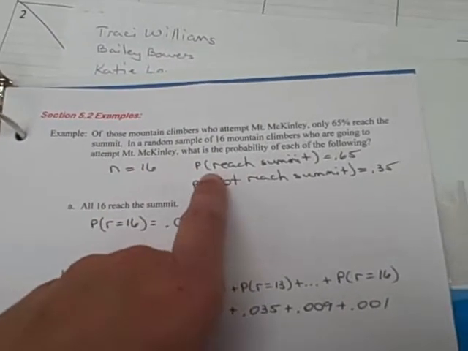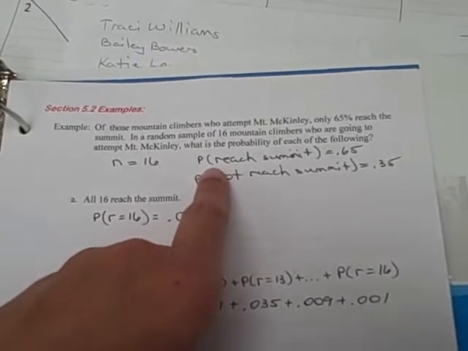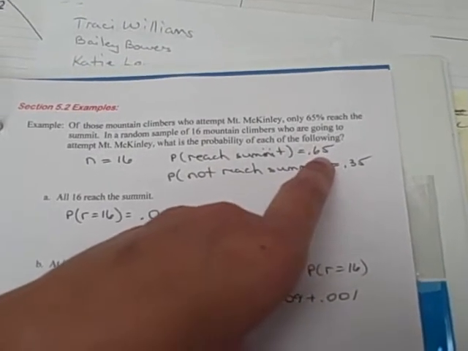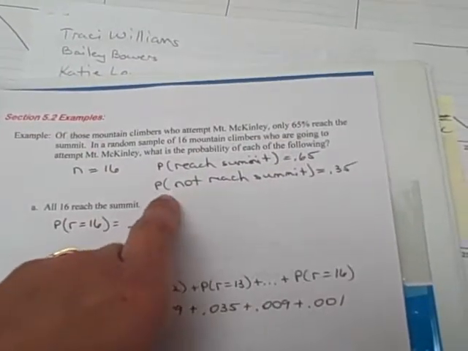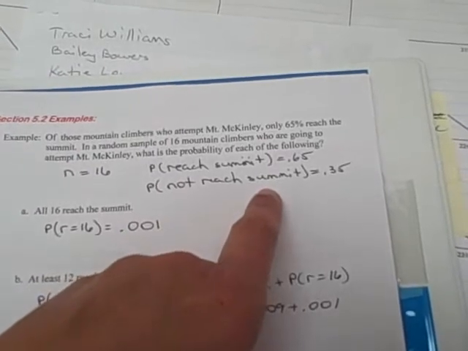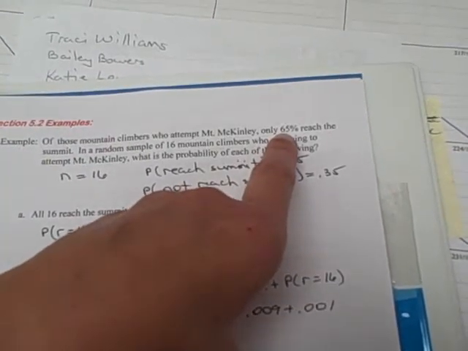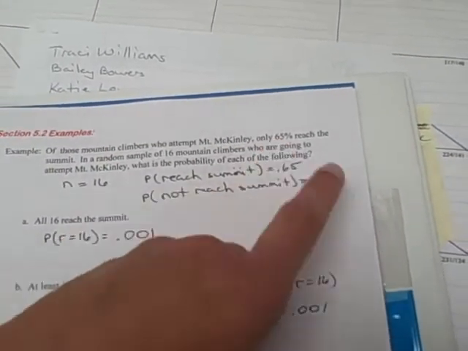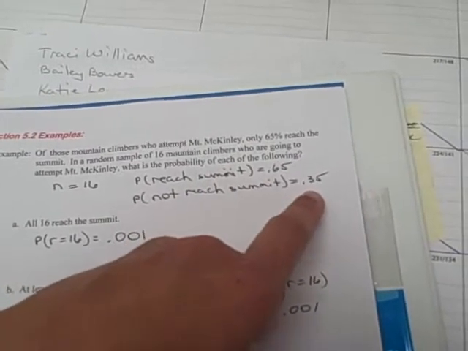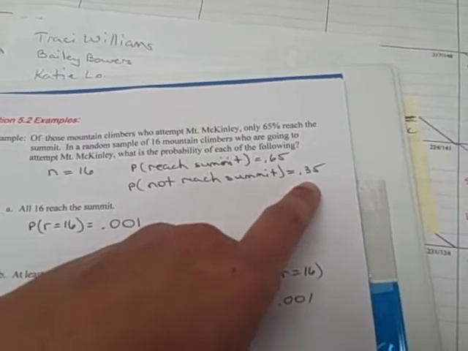The probability that a mountain climber reaches the summit is 65%, 0.65. Conversely, the probability that they do not reach the summit is 35%, so 0.35.